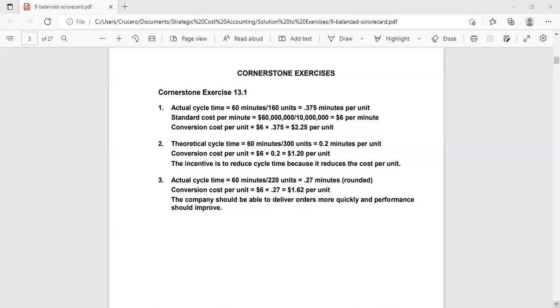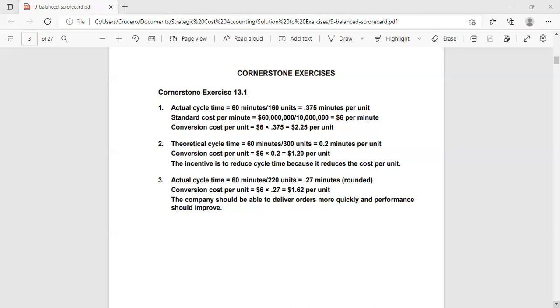Now for requirement 3, what if the actual velocity is 220 units per hour? What is the conversion cost per unit? What effect will this improvement have on delivery performance? The actual cycle time is 60 minutes divided by 220 units, which is 0.27 minutes.